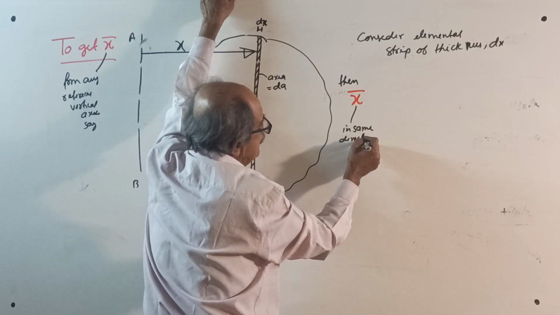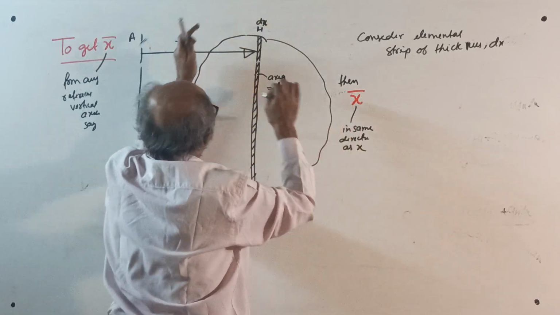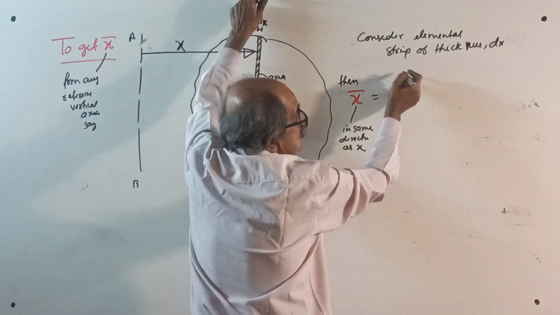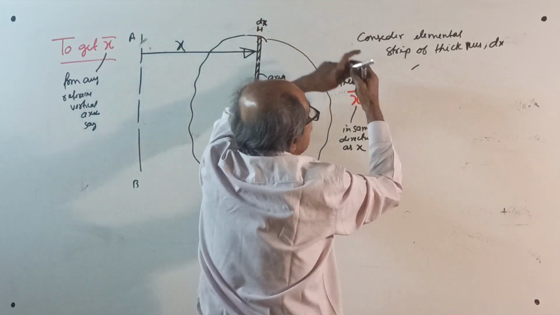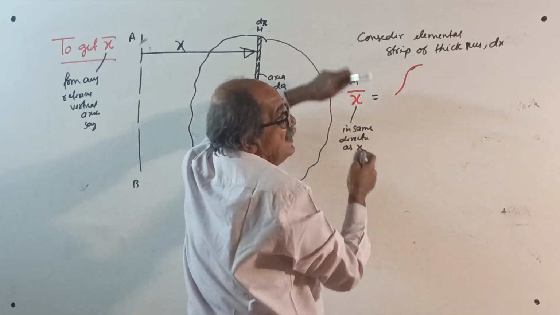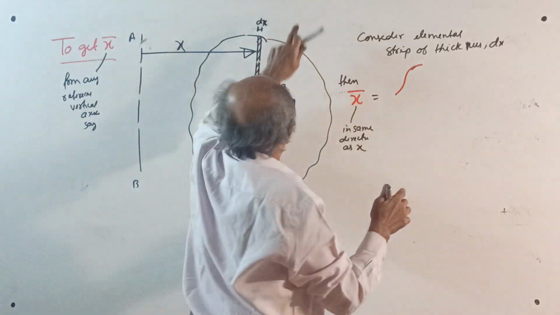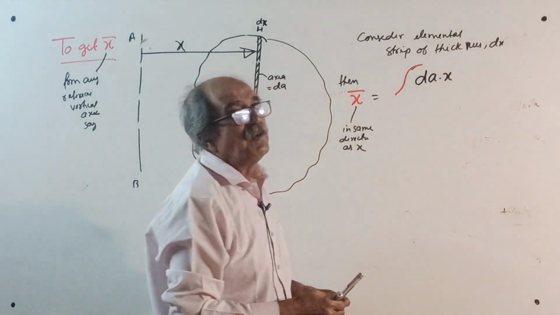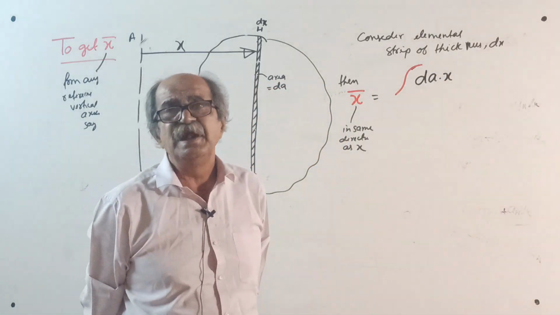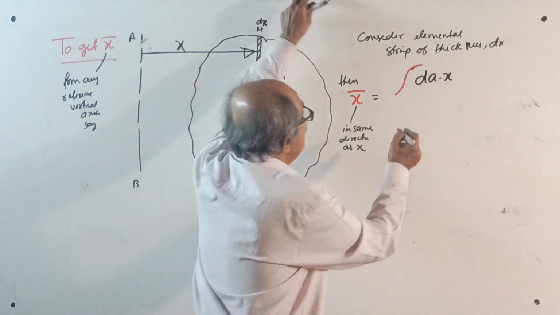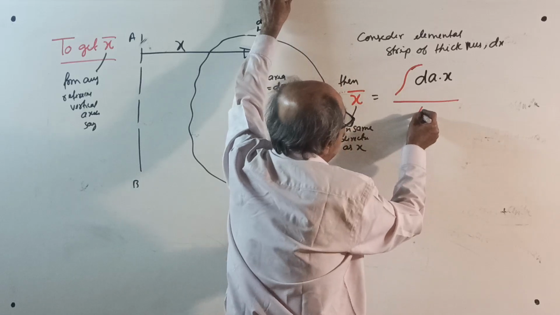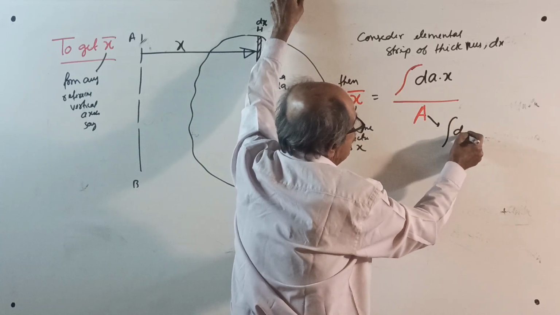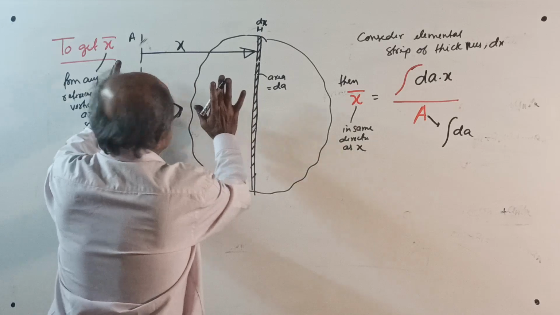If you take x this way, x bar also will come this way, equal to integration of dA into x over integration of dA. Means dA1 into x1, dA2 into x2, dA3 into x3, and so on. In general, integral of dA into x divided by total area, that is the integral of dA. This is for x bar.